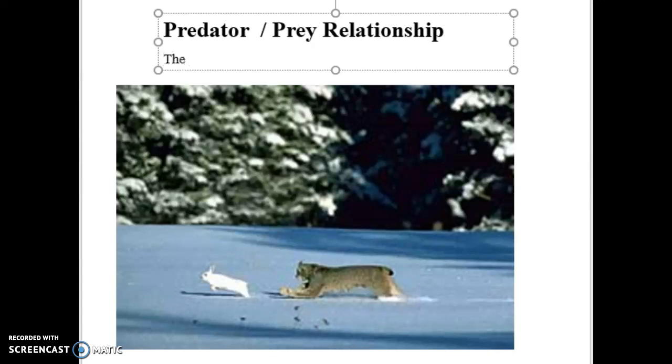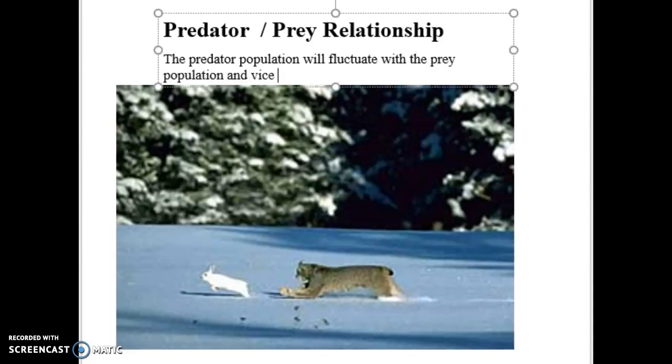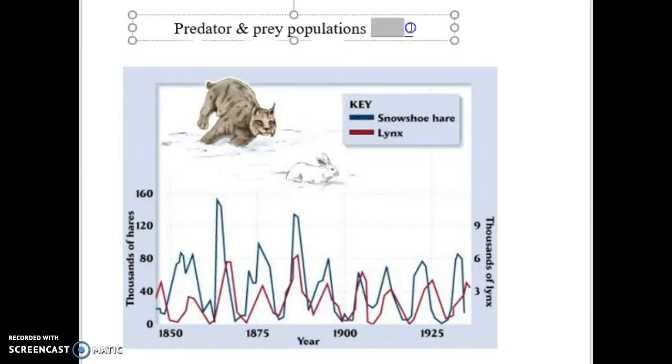And what we will see is the predator population will fluctuate with the prey population and vice versa. So the example here, Canadian lynx and snowshoe hares. What these guys are going to do is their populations will oscillate in response to each other.